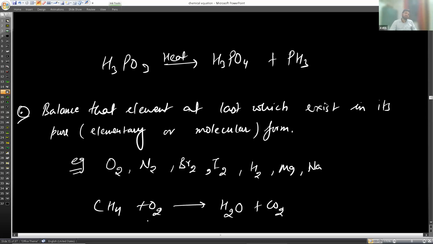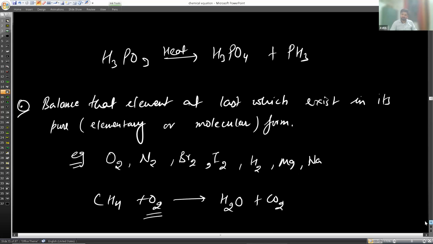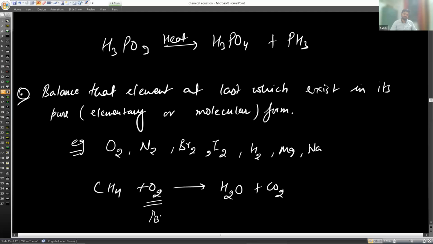So you see that oxygen is in its elementary form, the way it is written. So we will balance it at last, because first of all it is repeating multiple times, moreover it's found in its elemental form. So we'll balance it at last, okay?